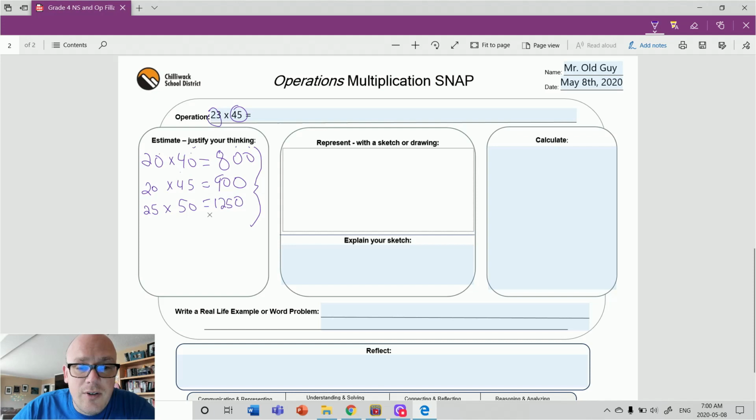So how you figure out your estimate, that's up to you. Next part is you need to justify your thinking. So let's take this one here, and I'll justify my thinking for this one. I rounded 23 up to 25, and put short form because it's easy to multiply.